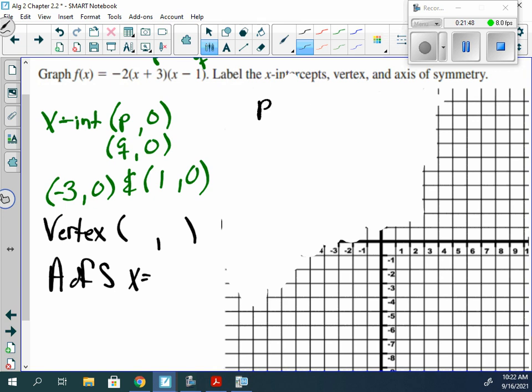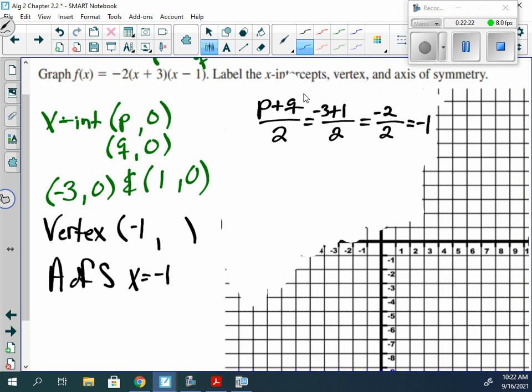Take p plus q and divide by 2. Well, we said p and q are negative 3 and 1. Negative 3 plus 1 is negative 2, over 2 is negative 1. So the x value of the vertex is negative 1. The axis of symmetry is that x equals negative 1.